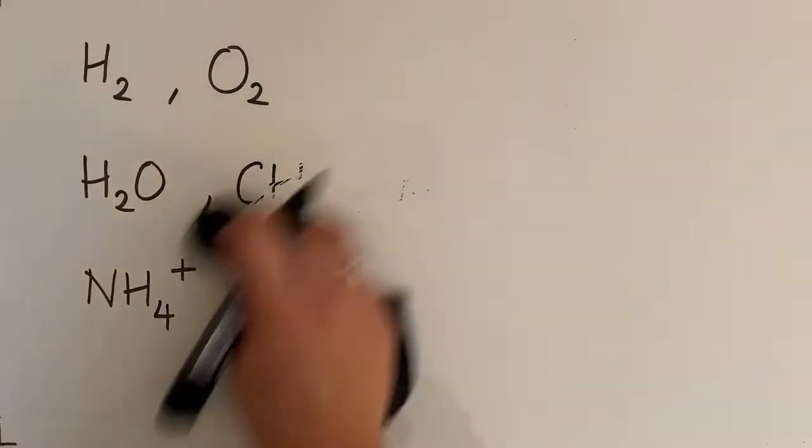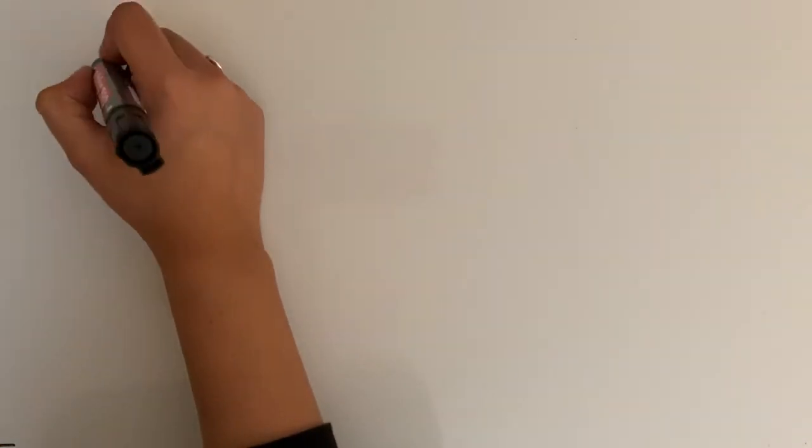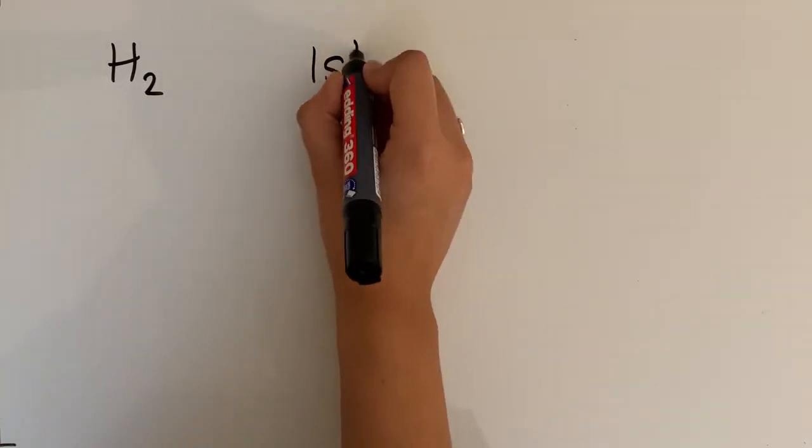And these covalent bonds are essentially formed by orbitals overlapping. Because remember, we're sharing a pair of electrons. So in order for electrons to be shared, because electrons are found in orbitals, those orbitals must overlap. If we just choose H2, for example, in hydrogen, we just have one electron, so it's just one s1, so we just have an s orbital.